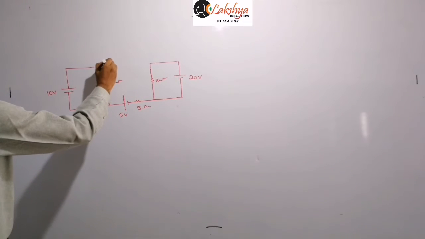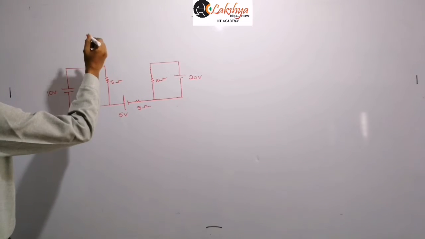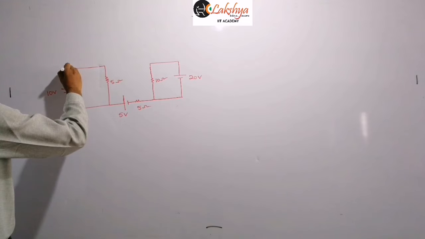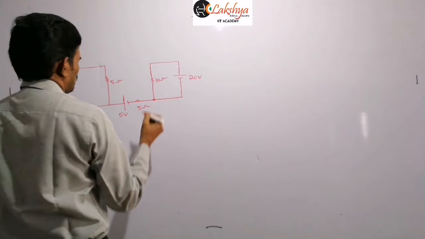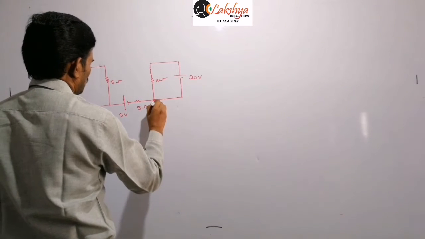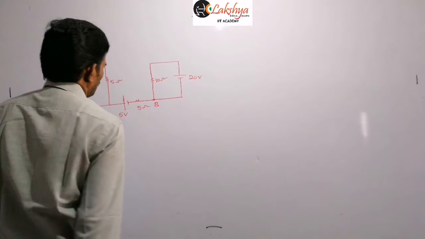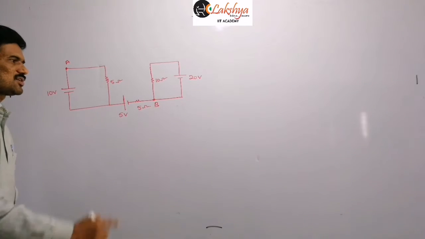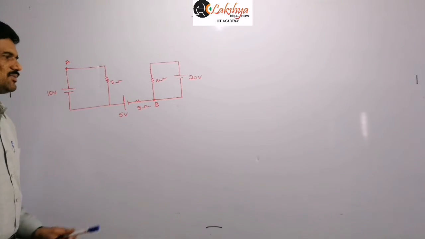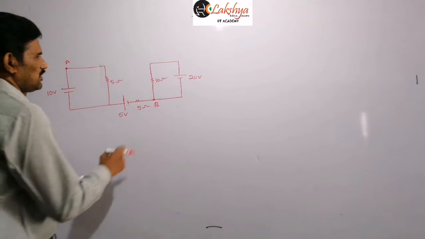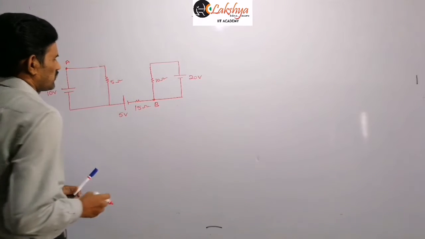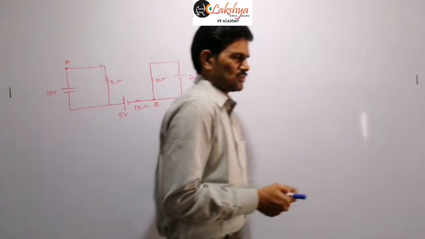And suppose I am taking this is the point A, so somewhere I am taking this is the point A, and this is the point B. So we need to find the potential difference between points A and B, and the current flowing through this. So I am taking this as some 15 ohm. So that is the given circuit.